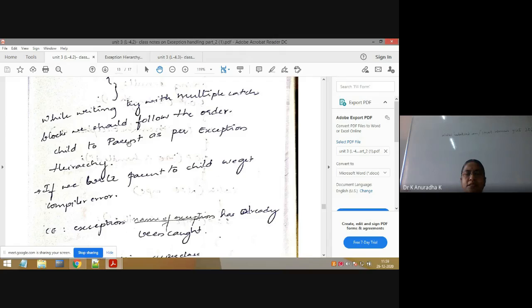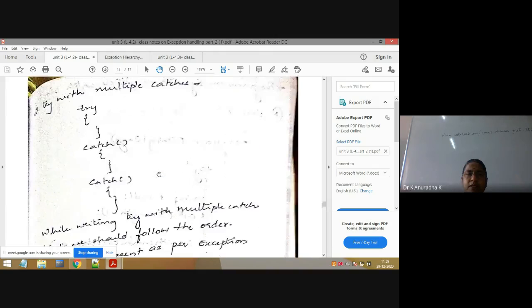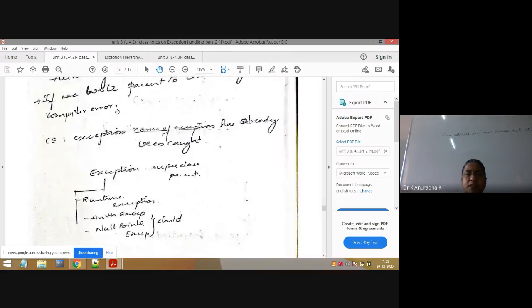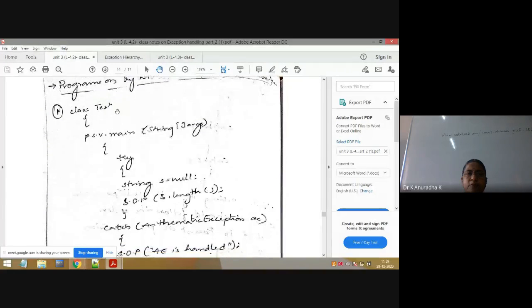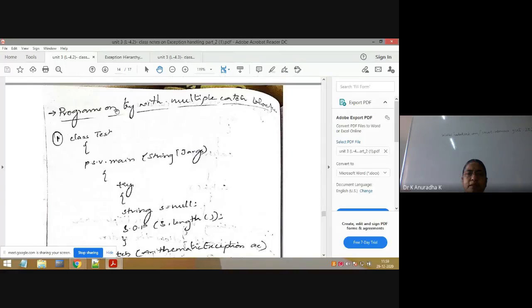To understand these points, you must understand the predefined exception hierarchy. Otherwise, you can't follow the programs on try with multiple catches. That's why the exception hierarchy is very, very important. Okay. Now we'll start writing the programs on try with multiple catches.